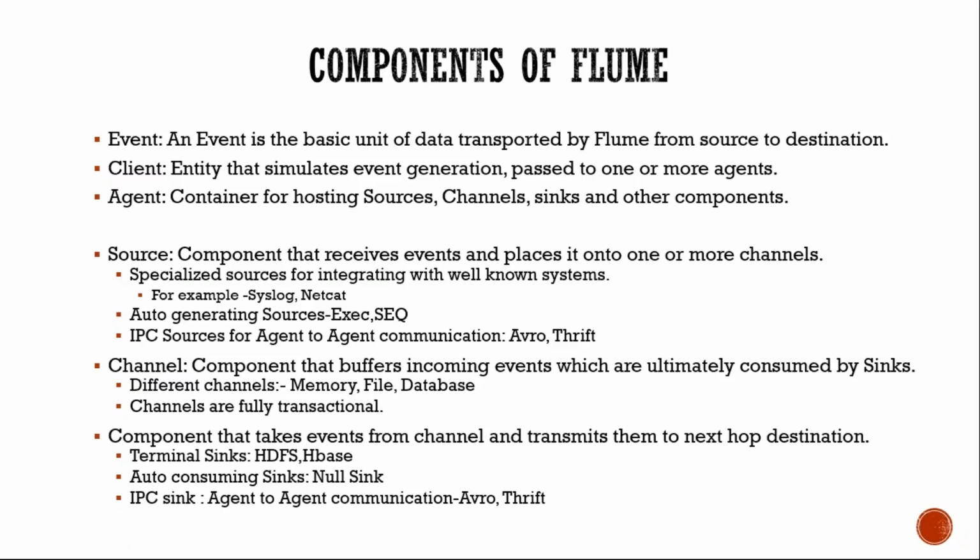If I want the fastest kind of transfer between your source and sink, then I would use memory-based channels, because your data is held in the RAM, and because the data is available in the RAM, you can directly query it and get the data very quickly.